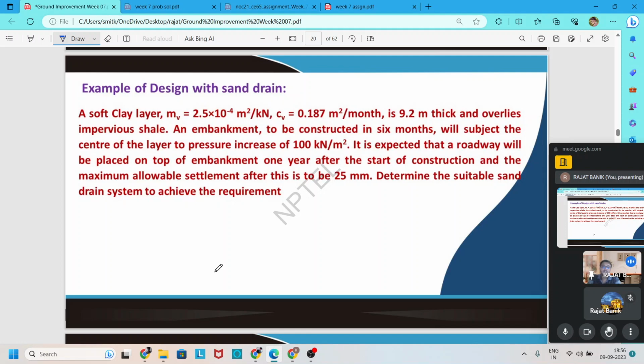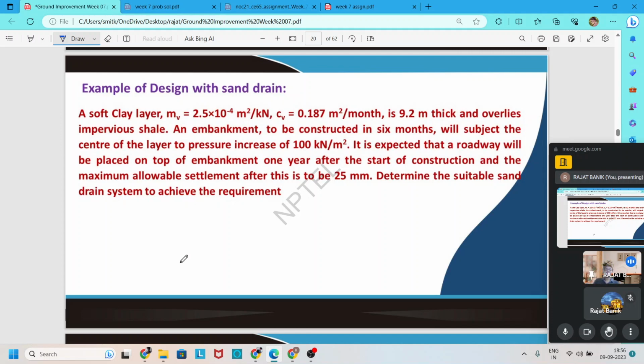An embankment to be constructed in 6 months will subject the center of the layer to a pressure increase of 100 kN per meter square. A roadway will be placed on top of the embankment 1 year after the start of construction, and the maximum allowable settlement after this is to be 25 mm. Determine a suitable sand drain system to achieve the requirement.